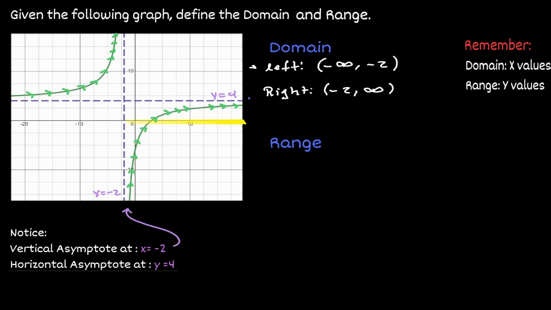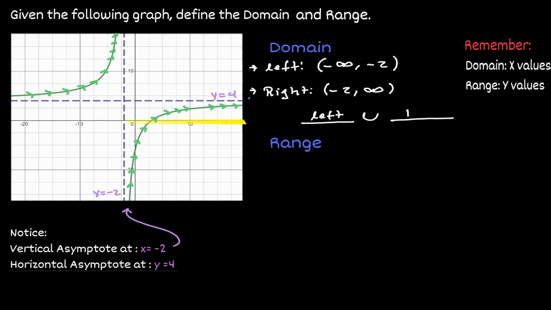But we do not want to just display it as we have done right here. We're saying left is this, right is that. We need to combine these two ideas. And for that, we will use the notation of union, which is just a U. A union is when we combine two different intervals in one statement. On the left-hand side of the union, we will write down the interval that is to the most left-hand side.